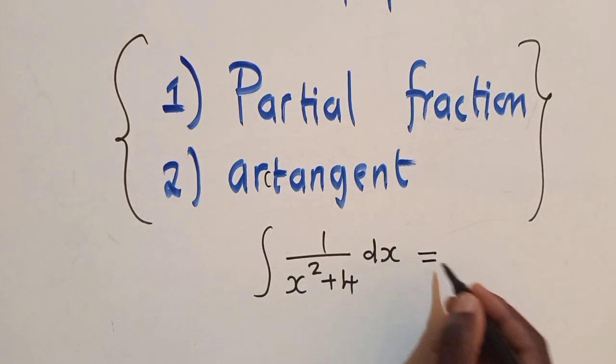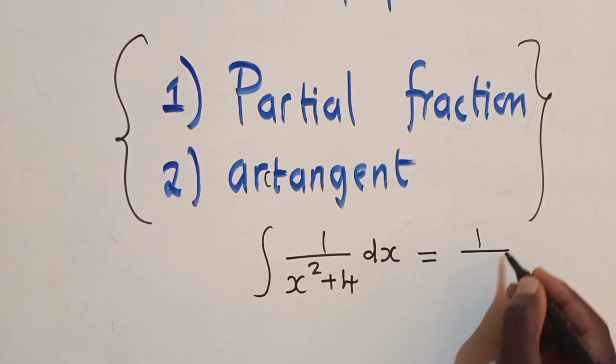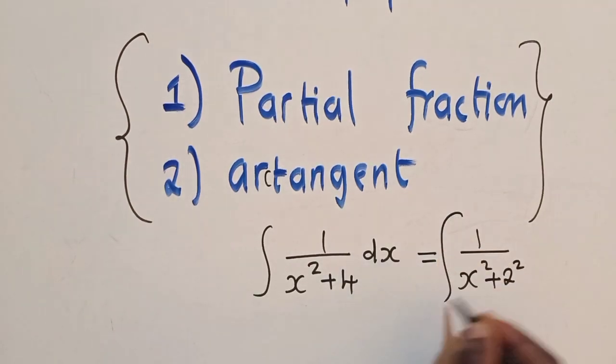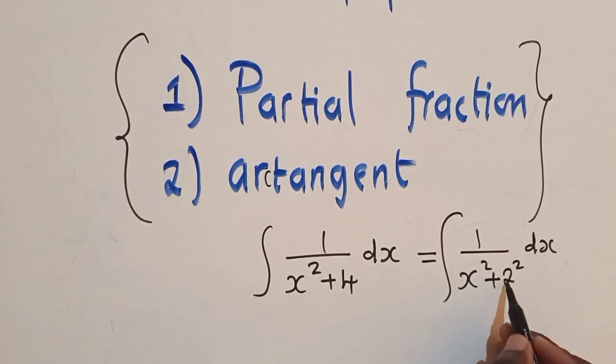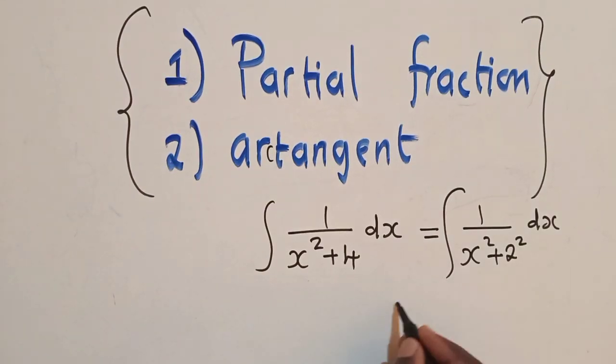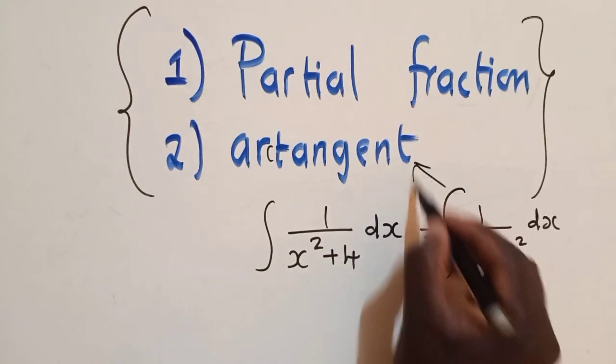So for arctangent, we change things a little bit. This is how we write it. Of course, we know that 4 is the same as 2 to the power 2. Once you write it in this form, you can now apply arctangent.